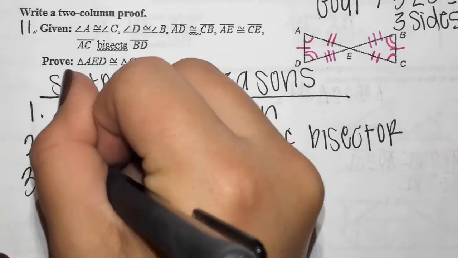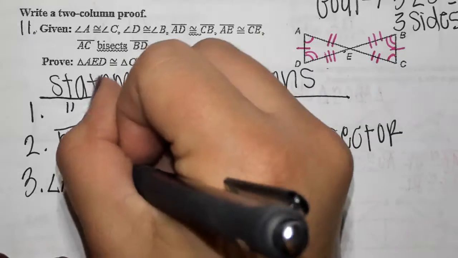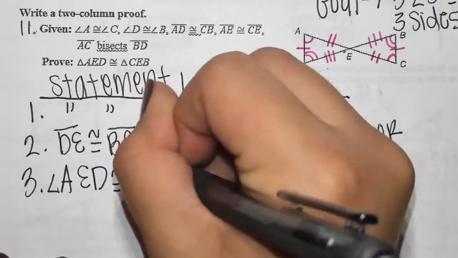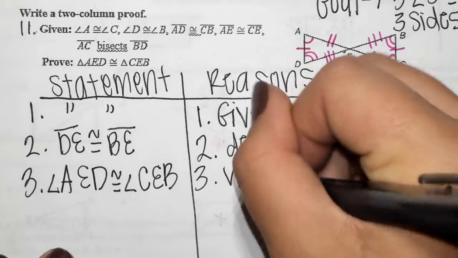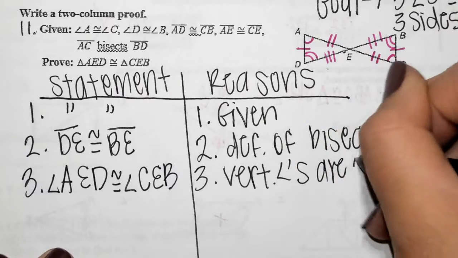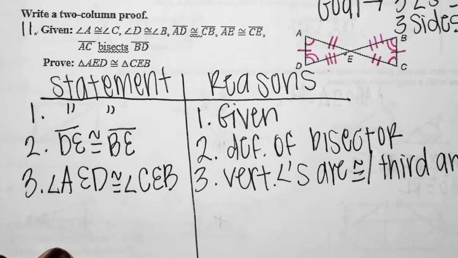Angle AED is congruent to angle CEB. Yep. And I'm going to put vertical angles are congruent / third angle theorem, because technically you could use both.